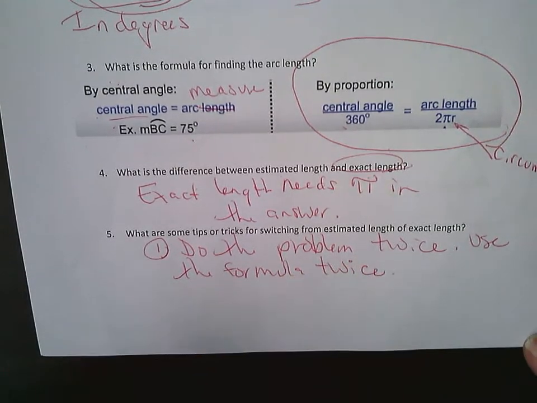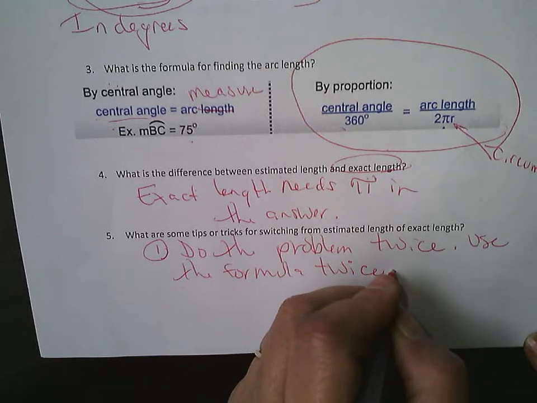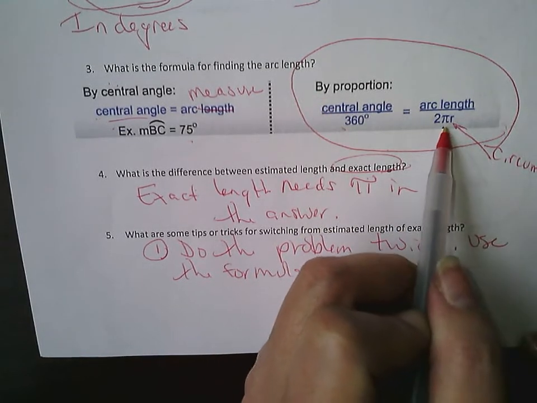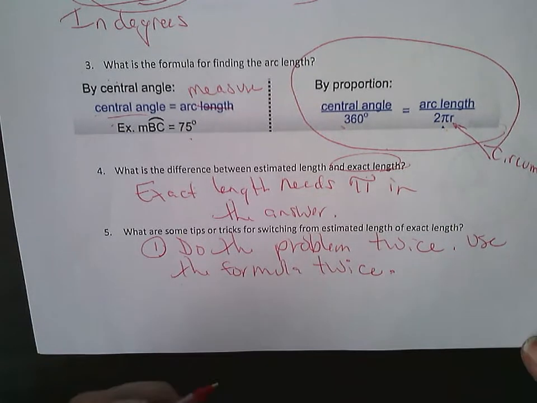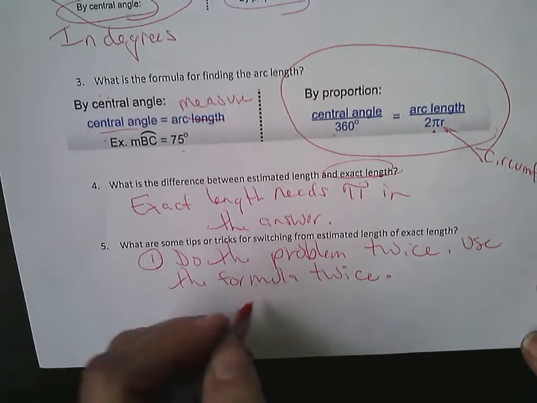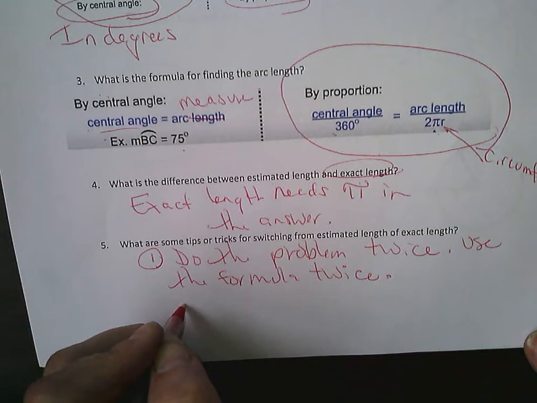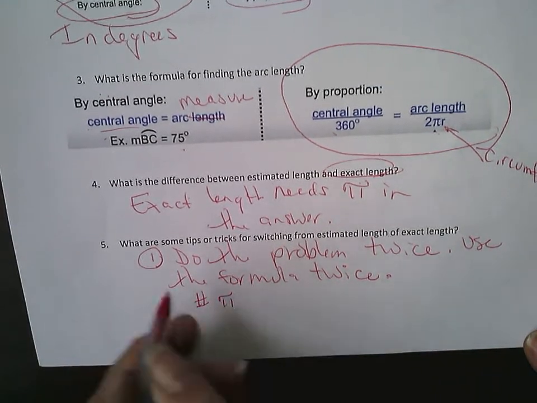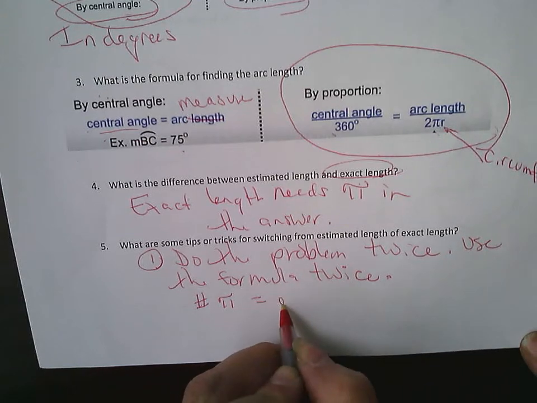That is an acceptable way to do this. We can go back in here and just leave pi out when we solve for it. Or we can switch back and forth. So if we are given a number times pi, it'll give us our estimated length.